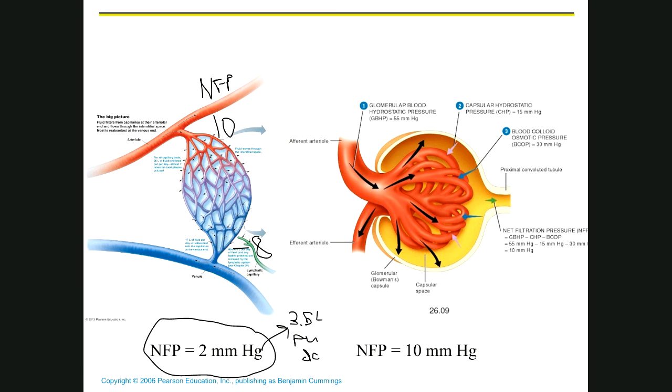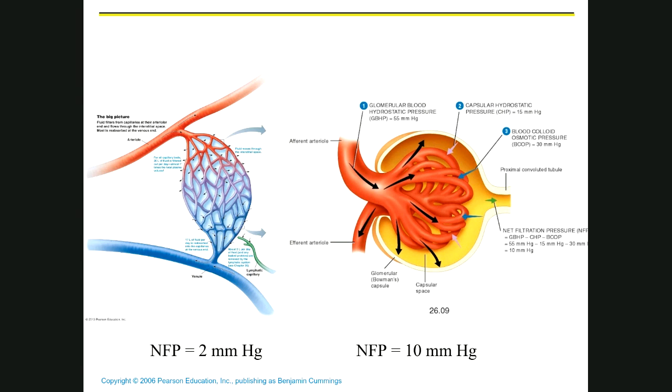But here, look how much bigger the arteriole is. And remember, this over here is a venule, but this is another arteriole. It's the only place in your whole body where we have an arteriole, capillaries, and another arteriole. Remember, arterioles can do vasoconstriction and vasodilation. So if I look in here, the pressure is much higher.